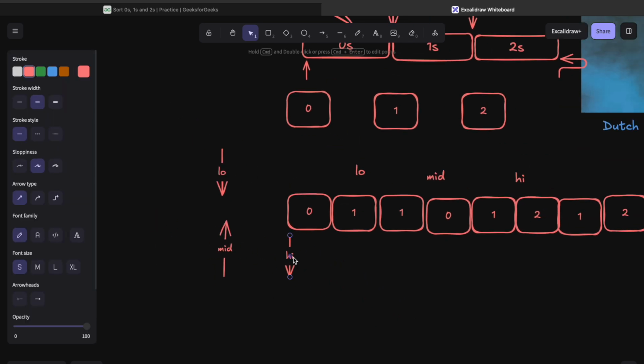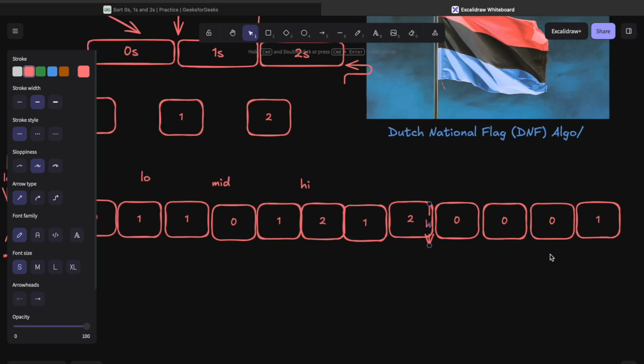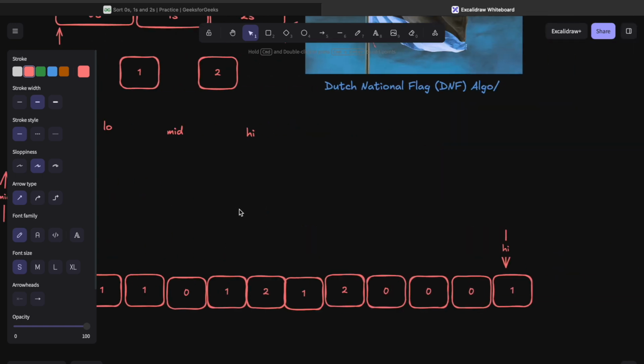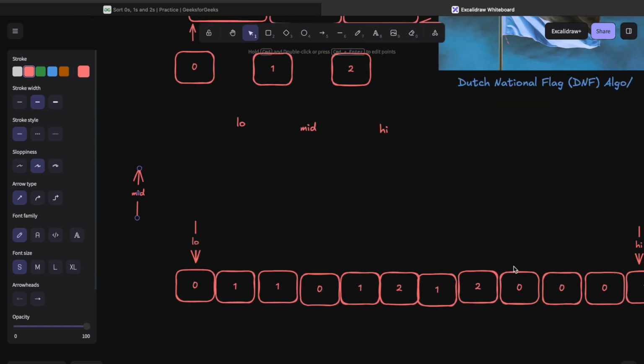I'll keep the high at the end, the low at the start, and since this is unsorted, I might need to start from somewhere, so I'll keep the mid at the starting position.